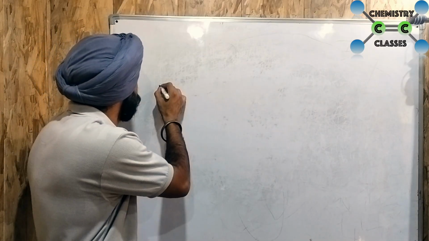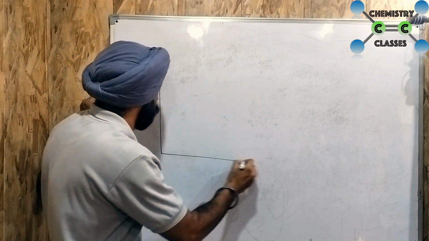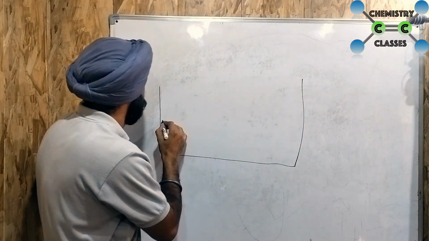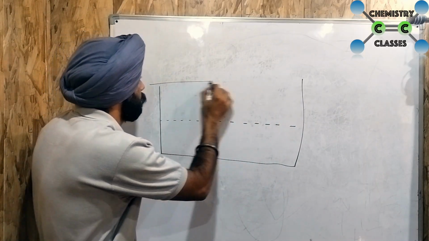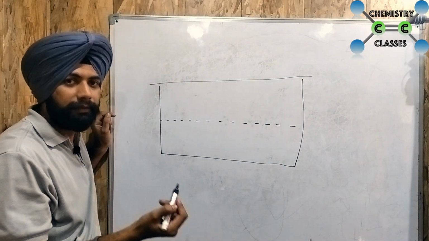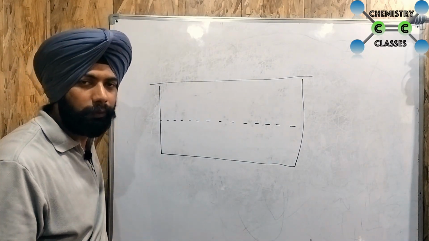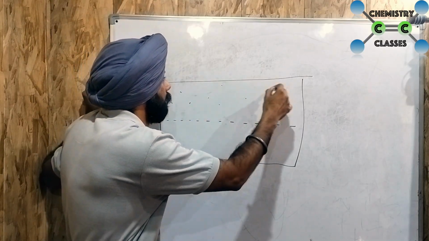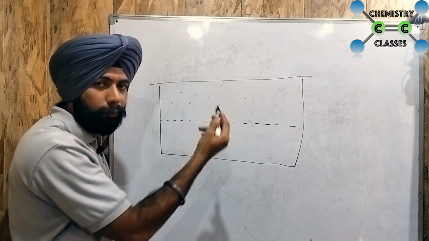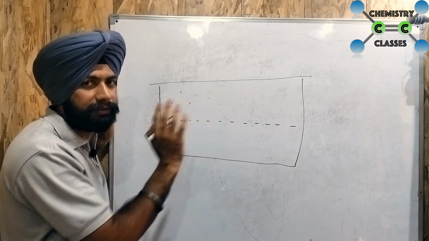For example, when we are talking of the vapor pressure of a liquid, suppose here is a liquid in a closed container, and since vaporization can take place for a liquid at any temperature, there would be certain vapors associated here, and there will be a continuous condensation and evaporation happening.